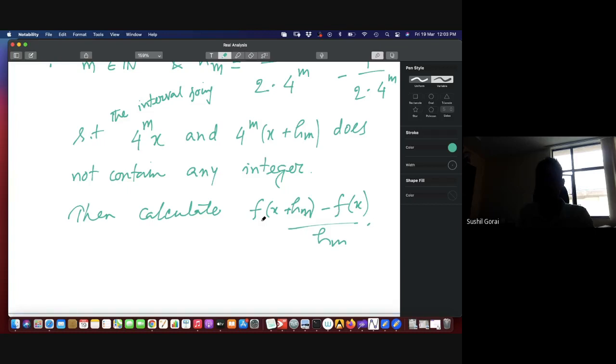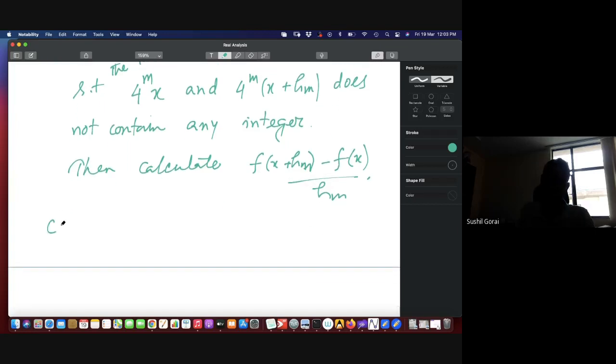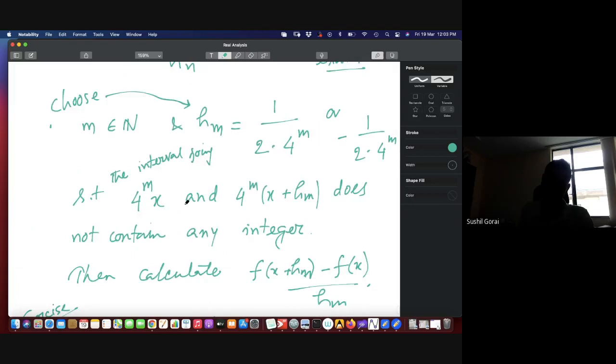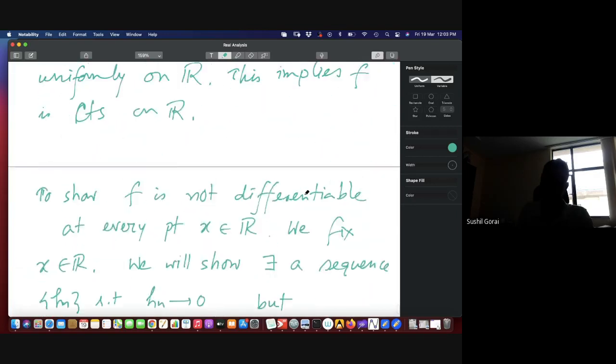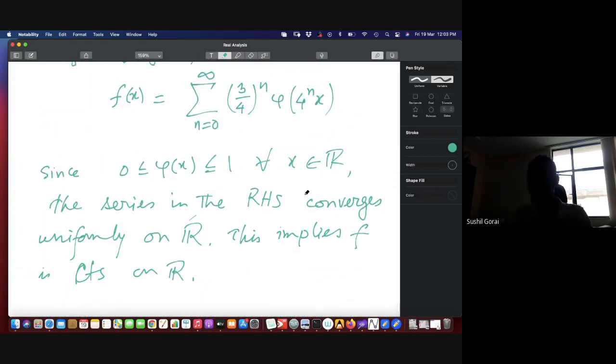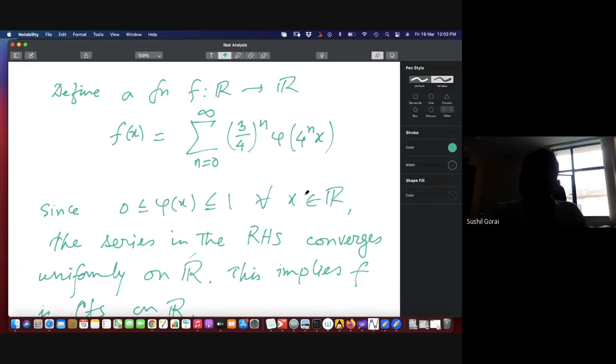So to complete this proof, it is an exercise to show that this is not differentiable. So complete this proof. If you don't get it, let me know next time, then we'll prove it. Otherwise, from next time onward, we'll start integration.